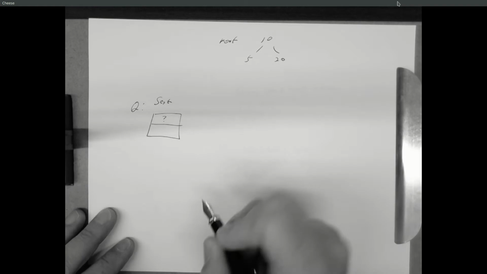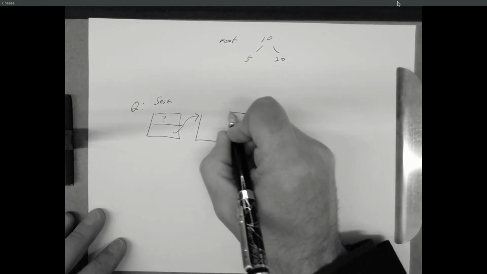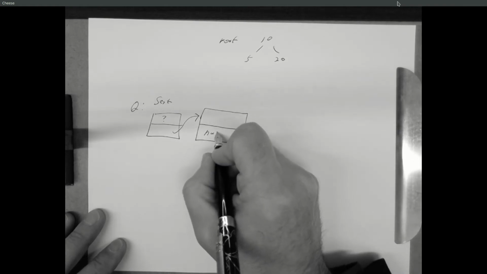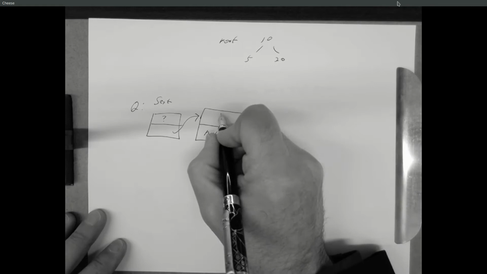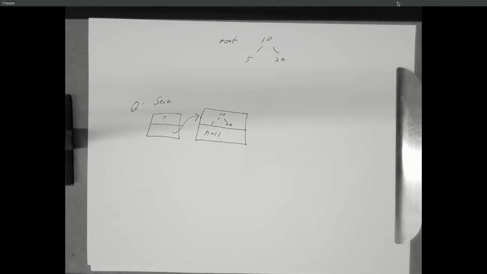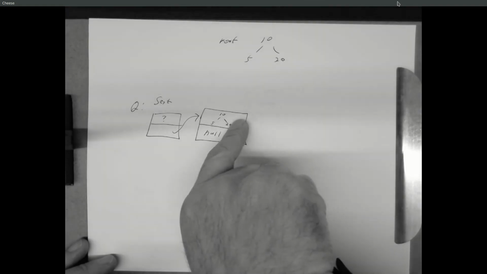It's got something in the data, we don't care what, and it points to a node. And this node is the only thing in the queue, so the pointer is null. But the data that's stored in there is actually like this little tree. Now it's not actually a tree, it's a pointer to the root of a tree. But conceptually we might think of this as actually having this little tree inside here.